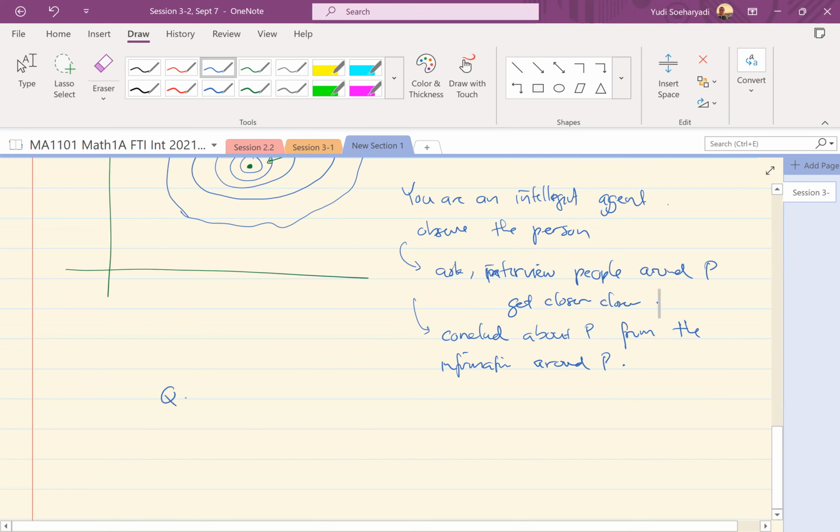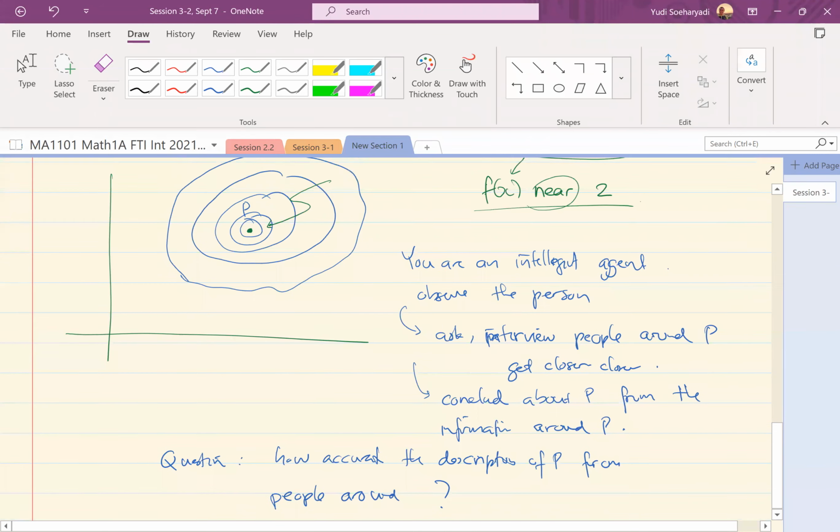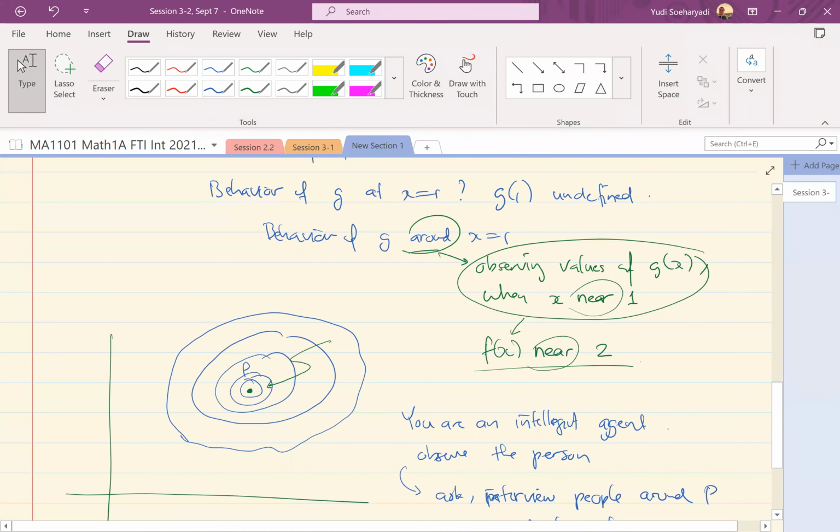So the question is, how accurate is the description of P from people around. Right? Okay, hopefully as it gets closer, the description of P gets more accurate. Okay, so that's the storyline of this limit.